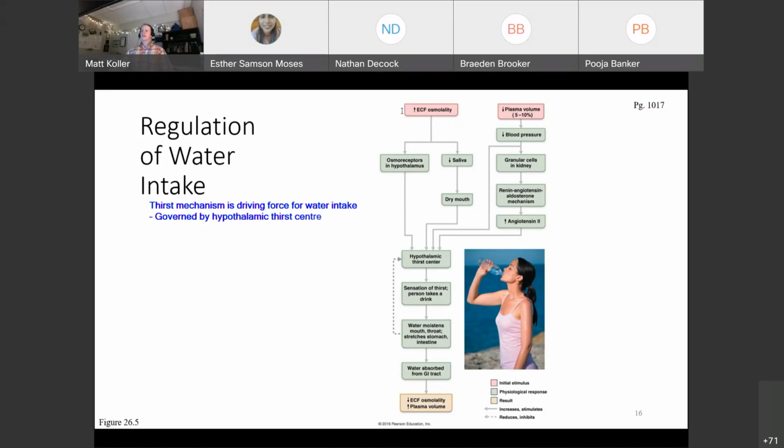Now you're familiar with the hypothalamus. So we have an increase in extracellular osmolality. And think back to about 10 minutes ago. The extracellular fluid is interstitial fluid and blood plasma, right? So they're both linked together. Well, if we have increased osmolality, that means we have an increased concentration of the electrolytes within a given volume, then that will activate the hypothalamus thirst center.